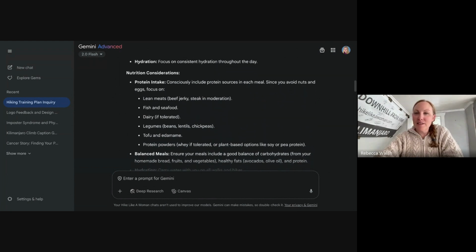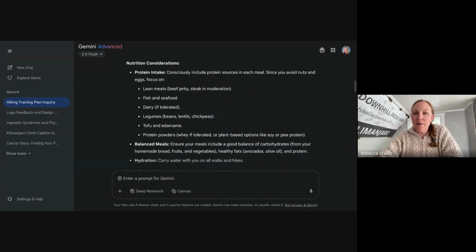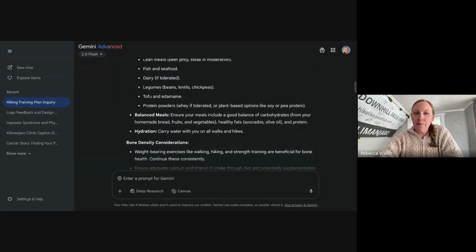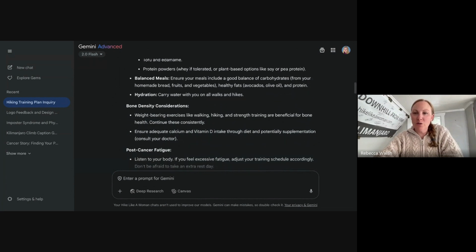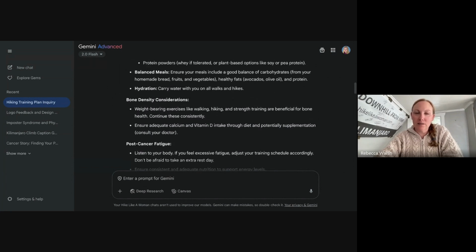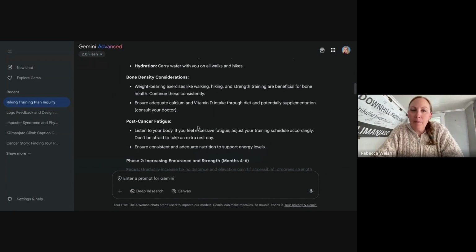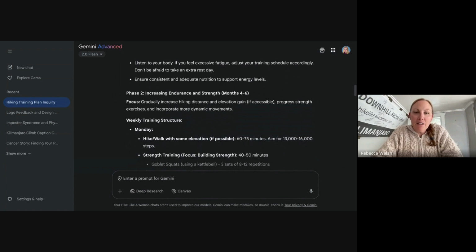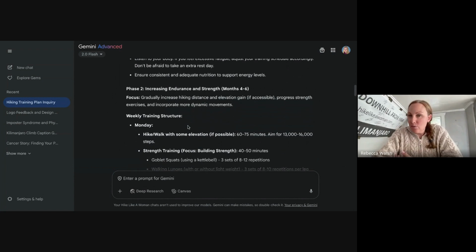And then they also added some nutrition considerations, because I mentioned that I need to probably eat a little more protein, but I don't want to just eat boring protein sources. They also mentioned some bone density considerations because of osteopenia, and fatigue.